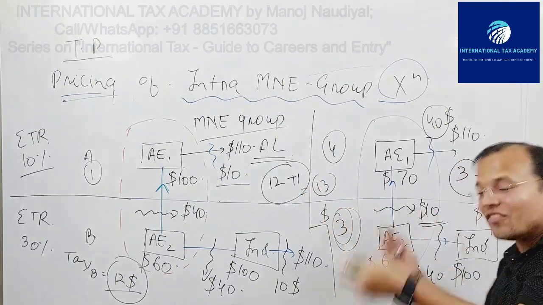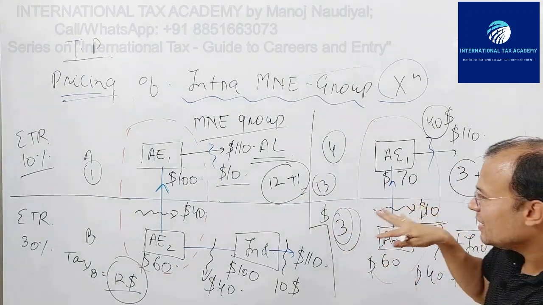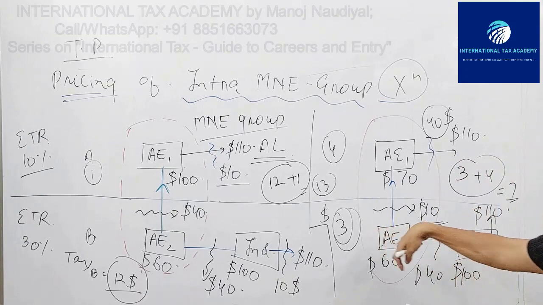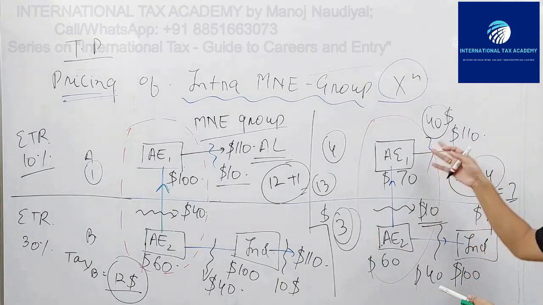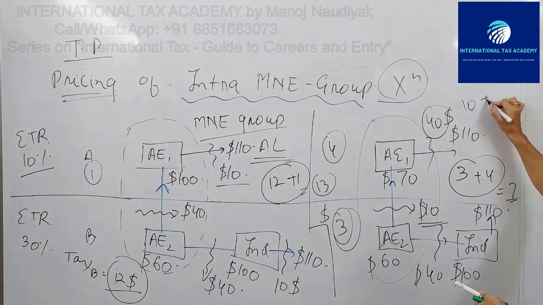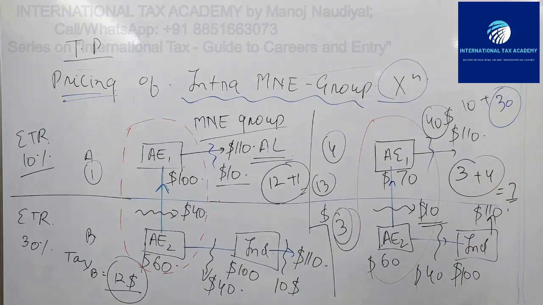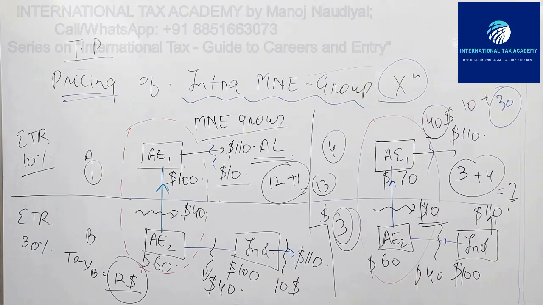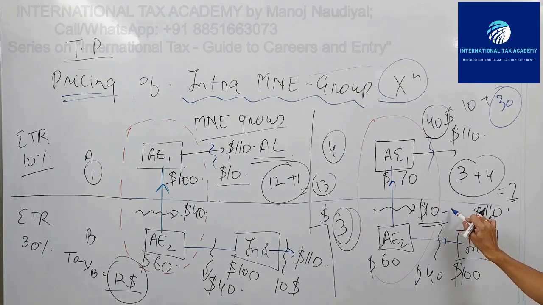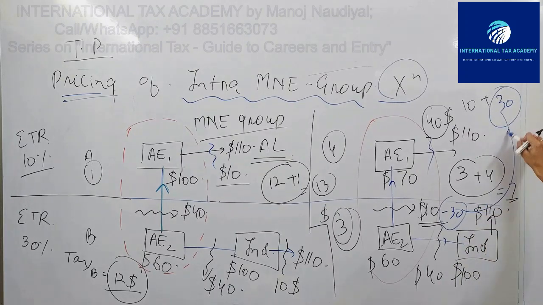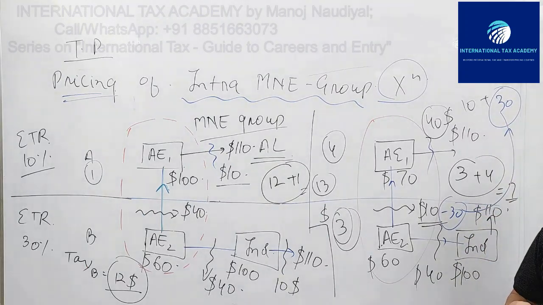It is shifted from country B into country A, because here now the profit is 10 plus 30. Voila, the magic has happened. So this 30 which got reduced, minus 30, has been transferred to country A.